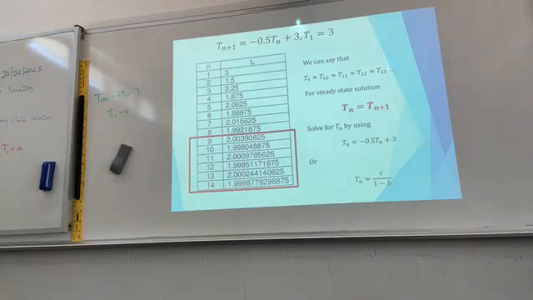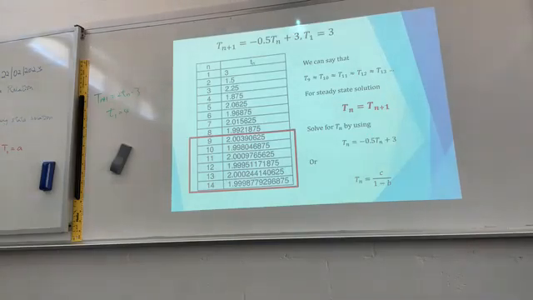Now, can you say that T9 is approximately the same as T10? Approximately the same as T11? Approximately the same as T13? The same as T14, and so on and so forth. Do you agree?